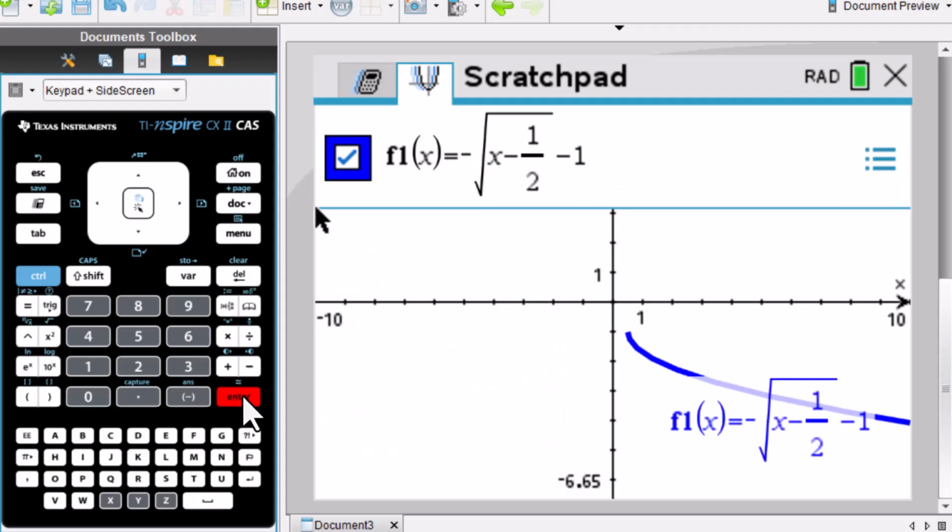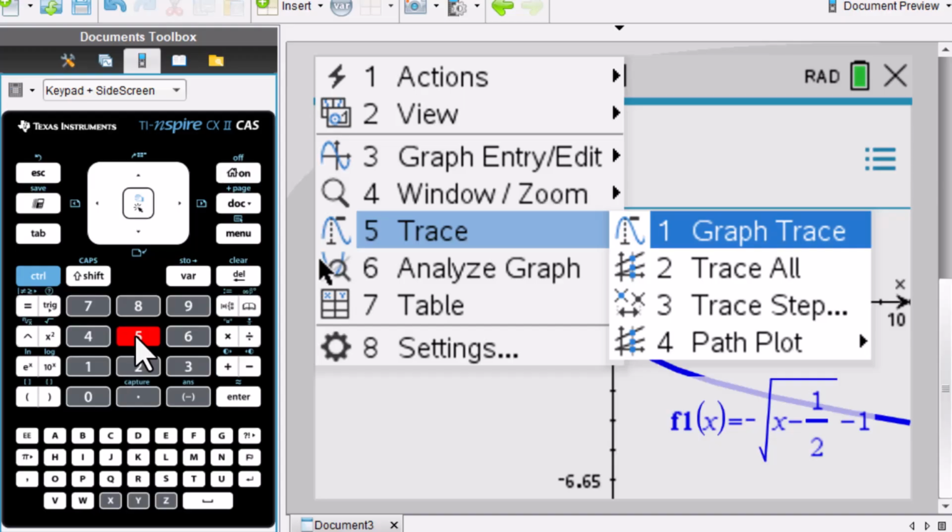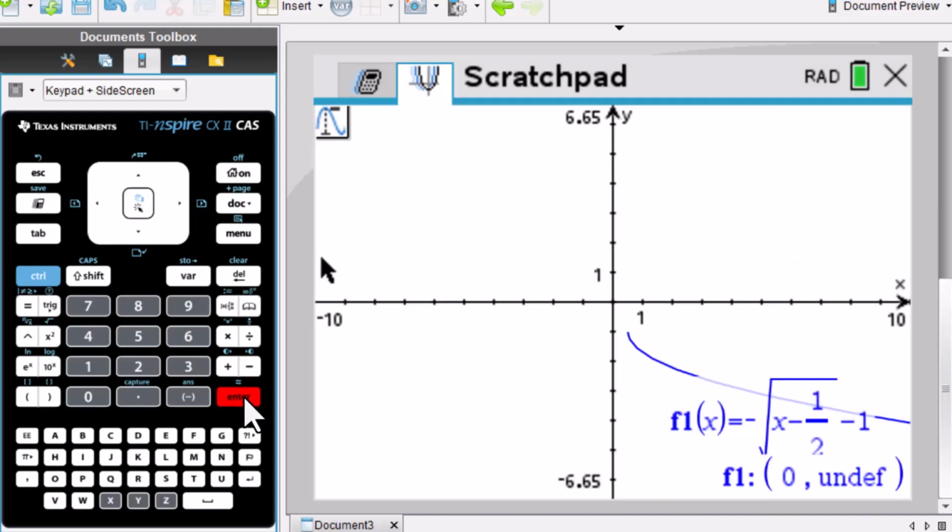We type the function in f1 of x. Then we got this graph. Let's check this vertex. Go to menu. Go to 5. Enter. Type in 1 divided by 2. Enter.